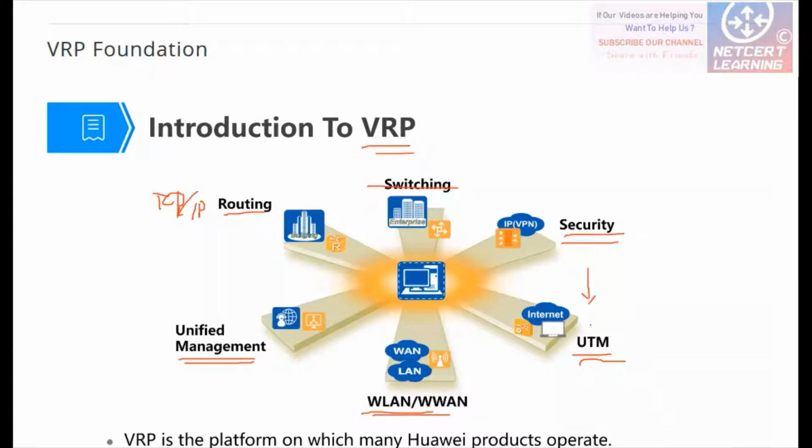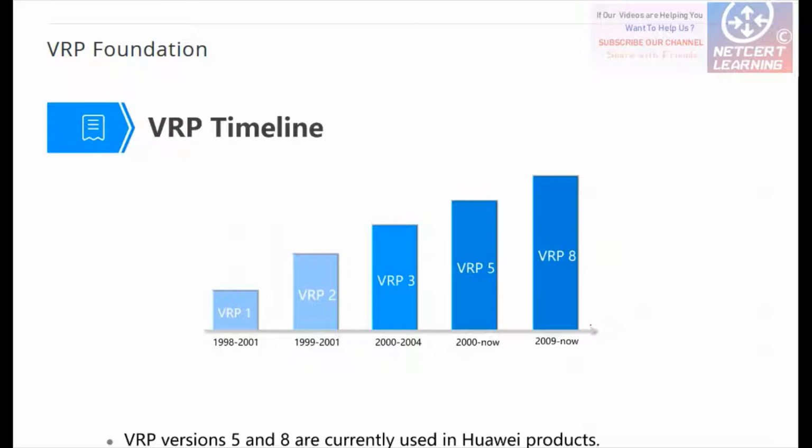This is the VRP, and the VRP was invented in 1998. From then on, about 20 years have passed, so there are different versions of VRP: version 1, version 2, version 3, version 5 and version 8.